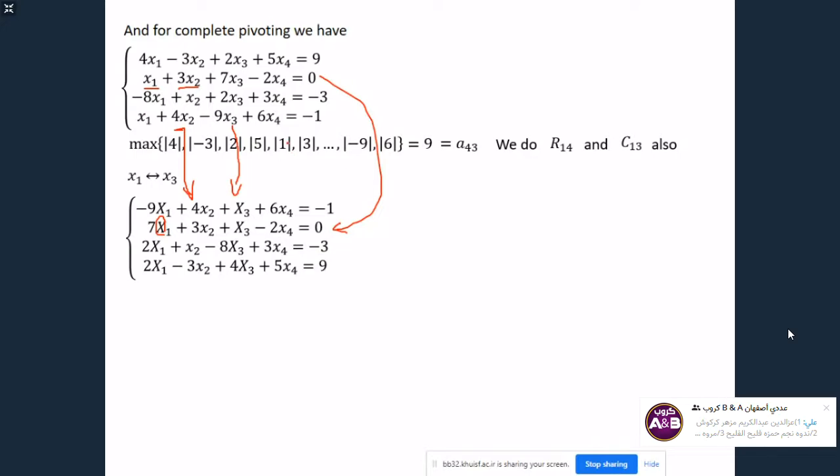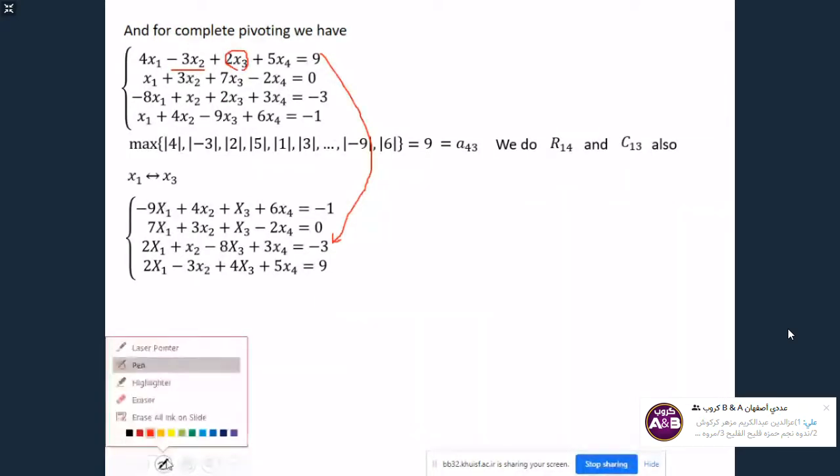We want to write the third row, that will be the first row in the previous. This is x1. We have 2 X1 in the capital mode, minus 3x2. Sorry, it's the third row, I have a mistake.